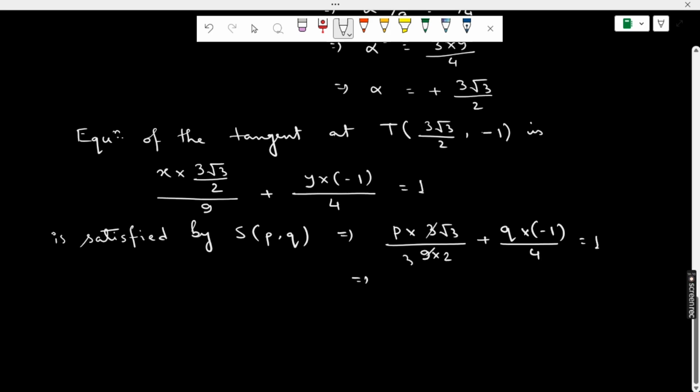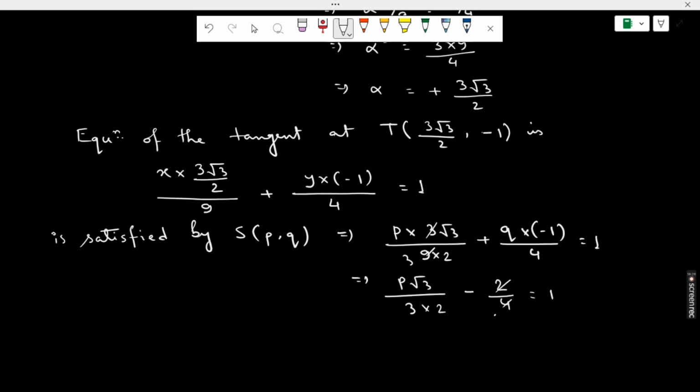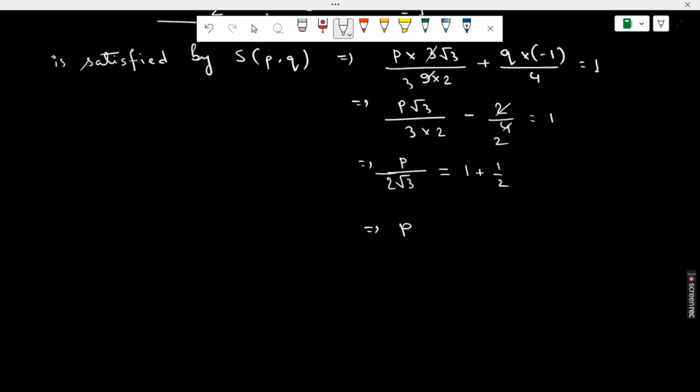This implies p root 3 by 3 into 2 minus the value of q, which is 2, by 4 is equal to 1. This implies p by 2 root 3 equals 1 plus half. This implies p equals 3 by 2 into 2 root 3.